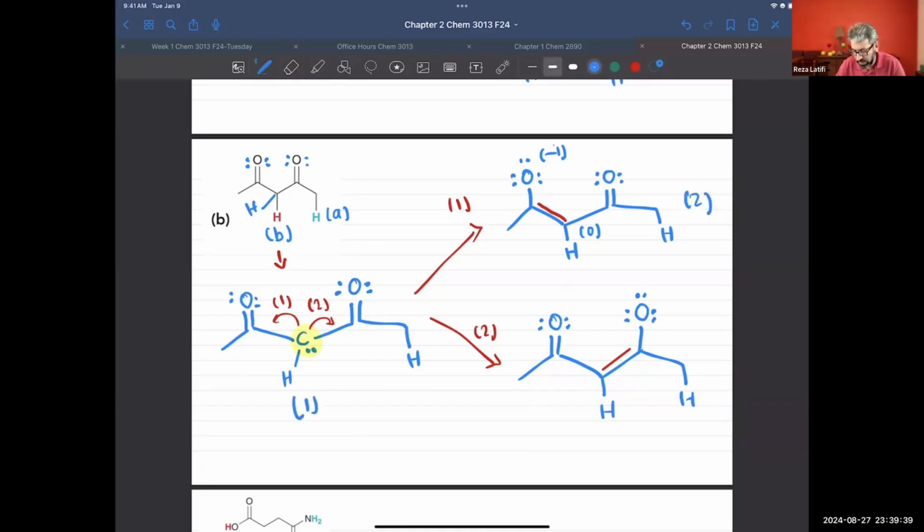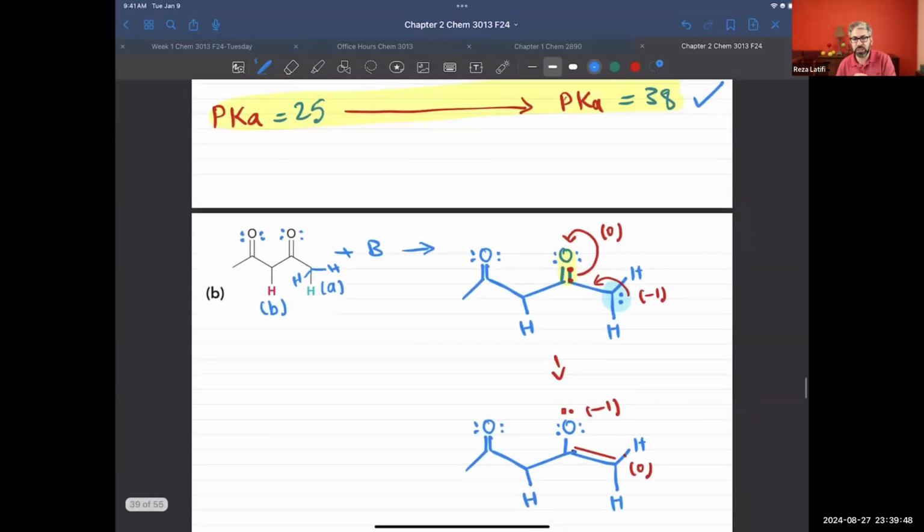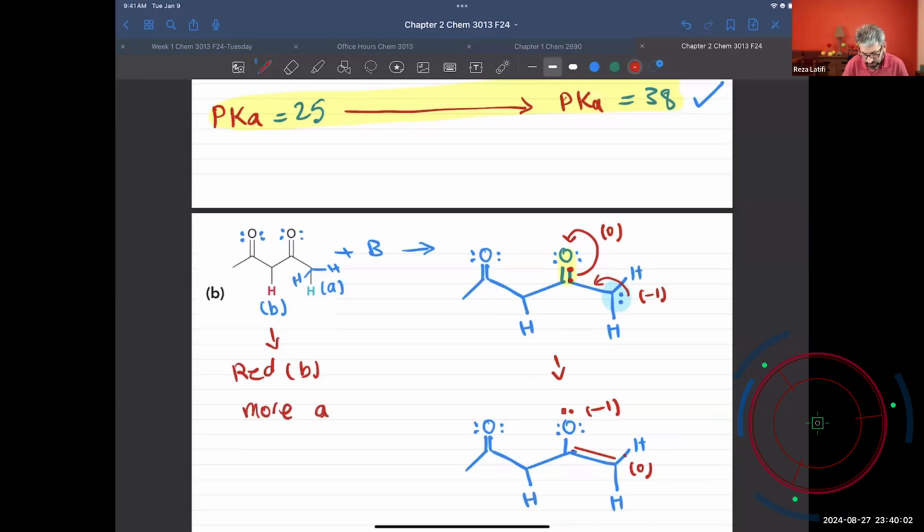That's going to be the second, and this one is the third resonance structure. So I got 3 if I take the red one. If I take the blue one, I get only 2 resonance structures. Which one is more acidic? B will be more acidic, the red one. It is B, more acidic. Okay, next.